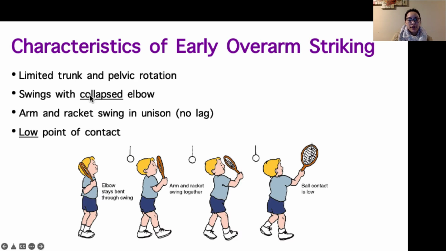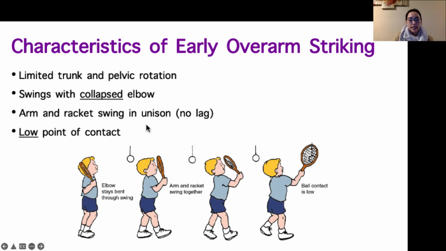So for our characteristics of early overarm striking, again, usually we have limited motion to the arm itself when we're talking about striking with the arm specifically, and there's limited trunk and pelvic rotation. You'll also notice that swinging happens with a more collapsed elbow, so that's persistent throughout the different images in this figure.